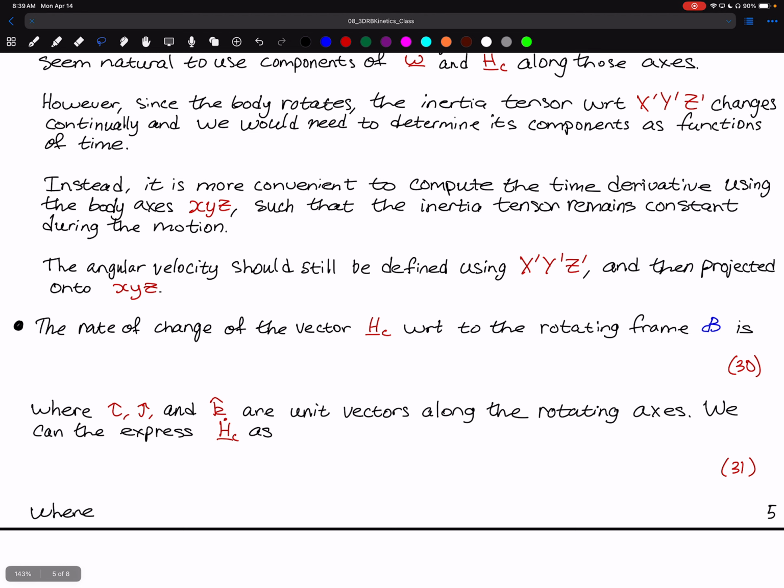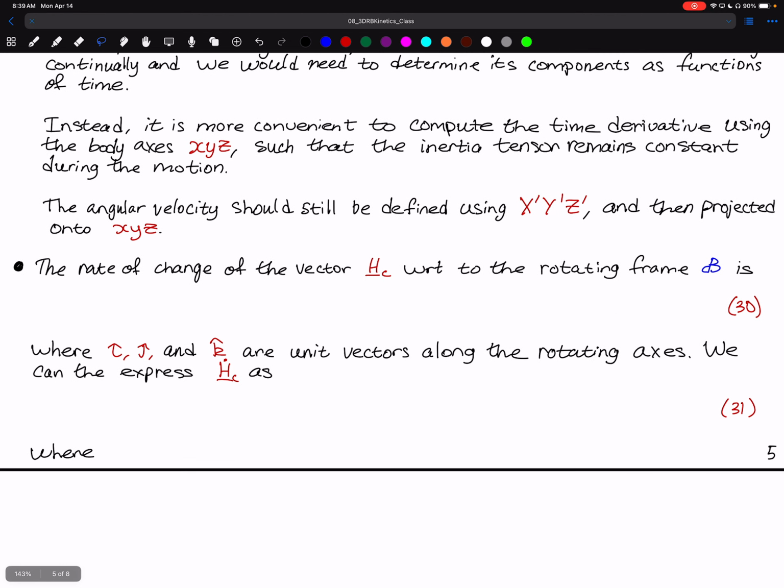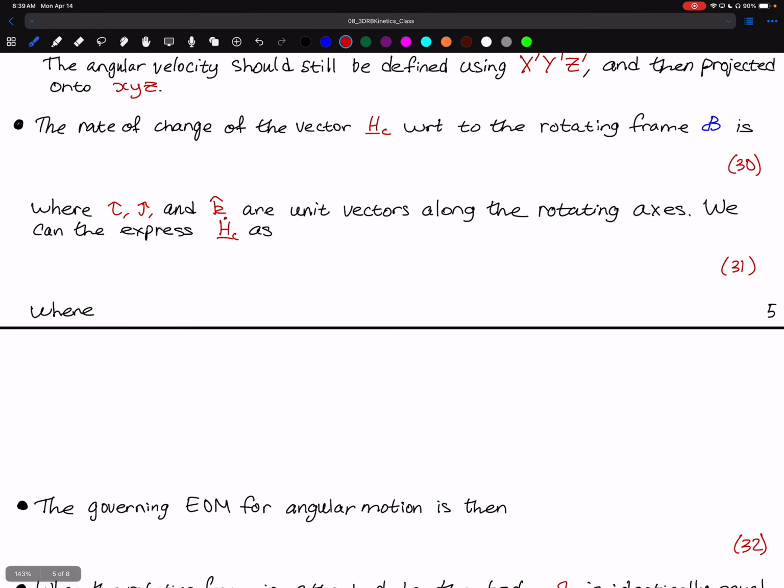We can then write that the rate of change of our angular momentum vector, h sub c, with respect to the rotating frame B is h dot c sub x in the i hat direction plus h dot cy in the j hat direction plus h dot cz in our k hat direction, where i, j, k are unit vectors along the rotating axes.